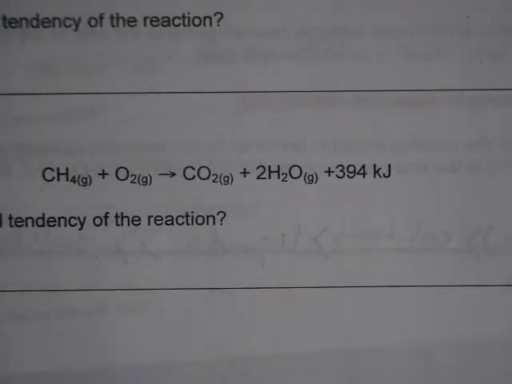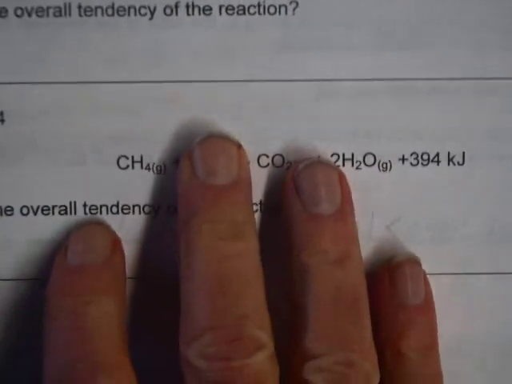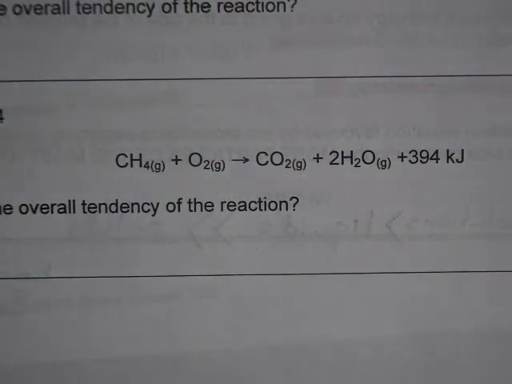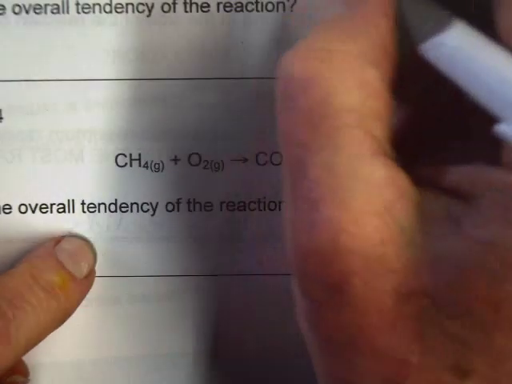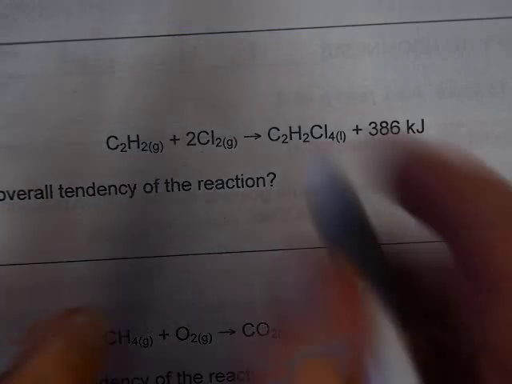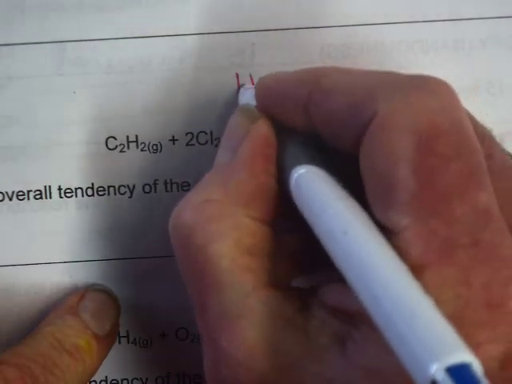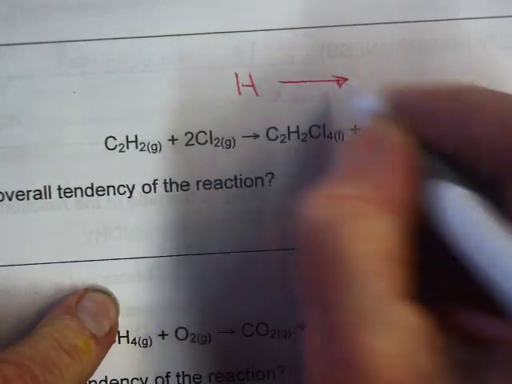Example 3. Now we've got two things coming into play here. We've got enthalpy and entropy. Let's look at enthalpy first. Enthalpy is the energy. So is this an exothermic or an endothermic reaction? It's exothermic. That means that enthalpy is pushing it in this direction.